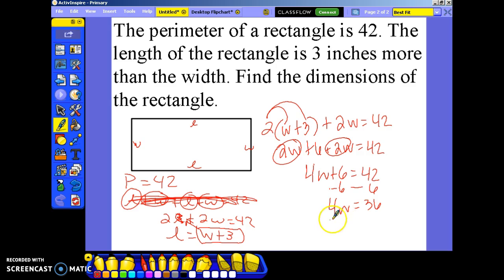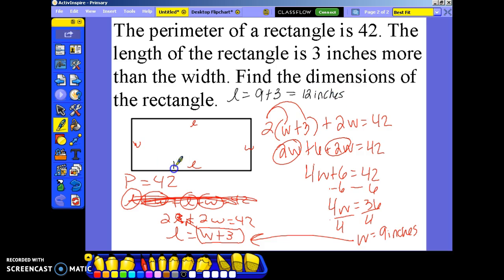To get W by itself, I divide by 4. And my width is 9 inches. To find my length, I plug that W back in to one of my original equations. Length equals width, which is 9, plus 3, which is 12 inches.